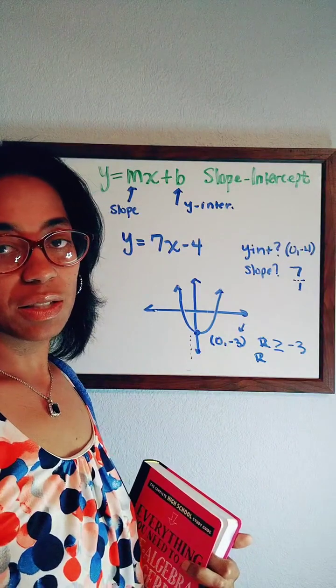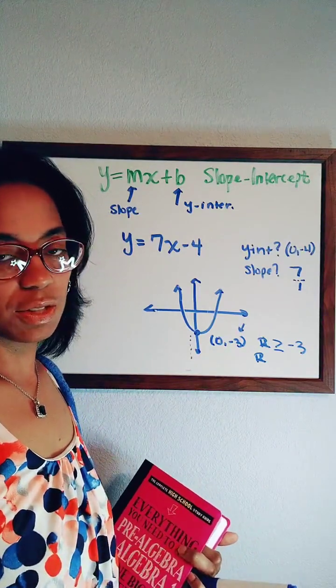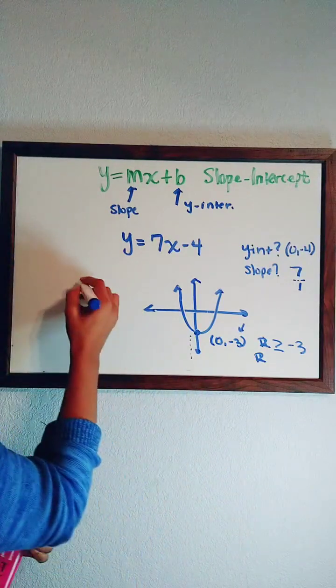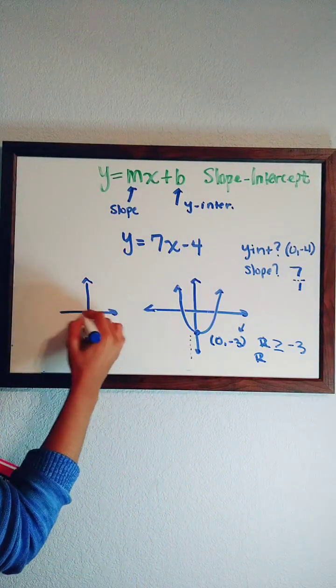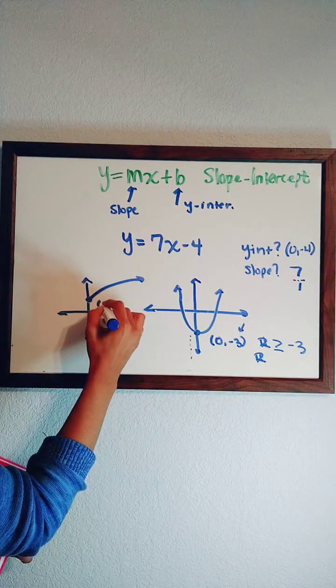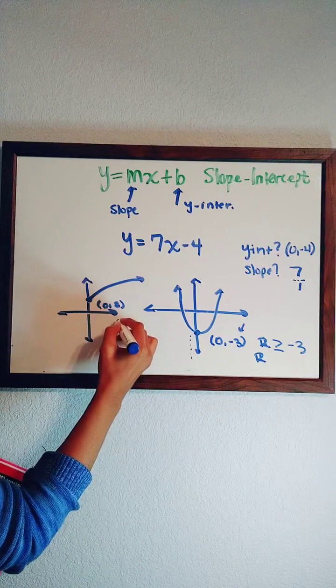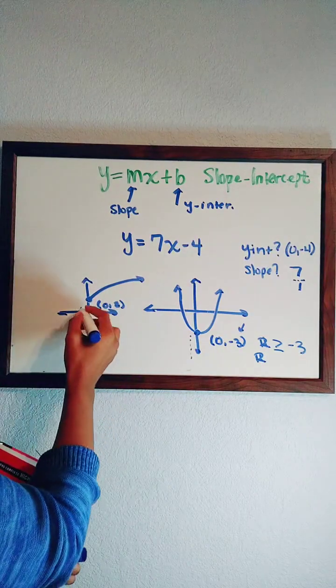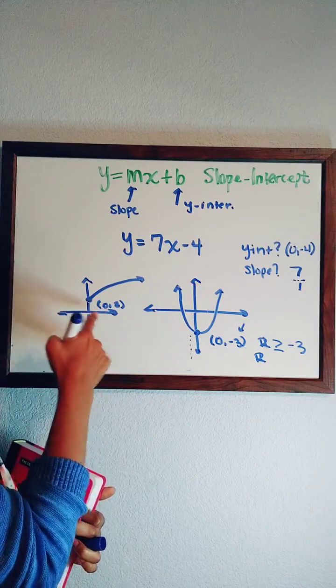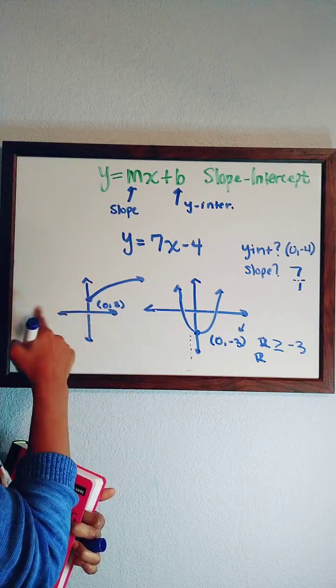Your teacher may have you do positive infinity to negative infinity. It just depends on what they ask you to notate. Let's say we had a graph that was going like this, and let's just say this point was 0, 2. As you can see, this graph does not extend past the y-axis on the negative side.